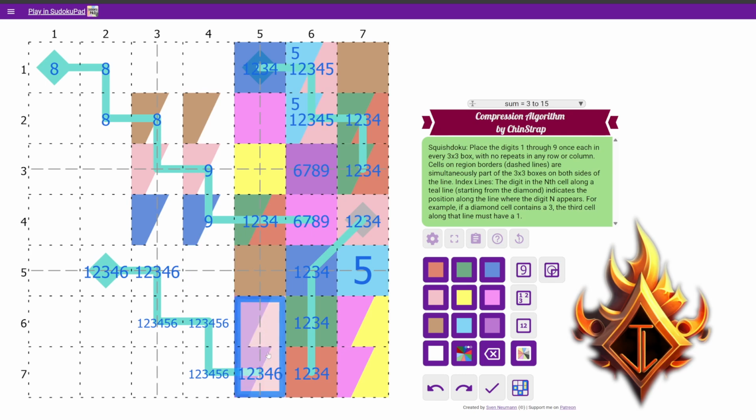Light pink though is gonna finish like 1, 2, 3, 4 here. So these 3 are high. Let me mark the originals. Those are 6, 7, 8, 9.